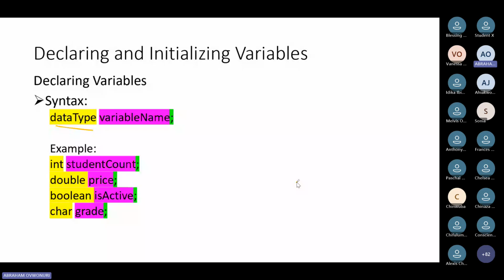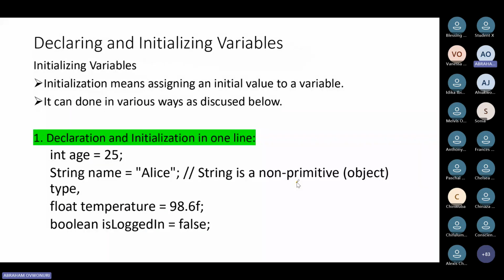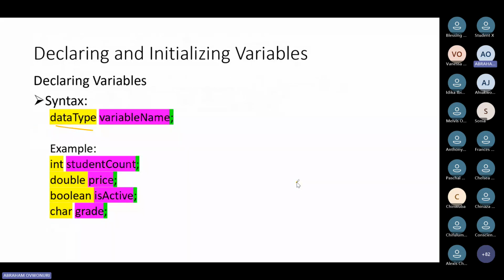So in the last screen, I was talking about how to declare a variable. Now, you first state the data type, then the variable name with the semicolon that we said must end every statement in Java in our last class. So for instance, int is the data type here.